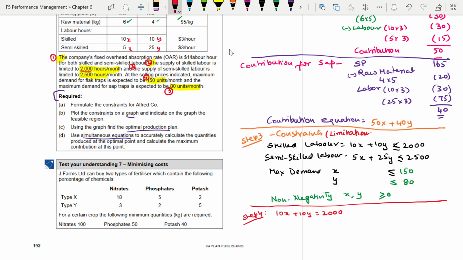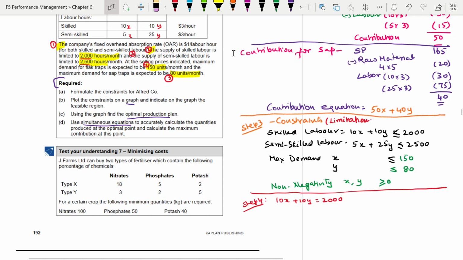This 2000 they have given after the table: 2000 hours per month for the skilled labor, 2500 for the semi-skilled labor. That is the reason we use 2000 and 2500. We don't have more than that. Now demand: maximum demand is 150 for x and 80 for y.